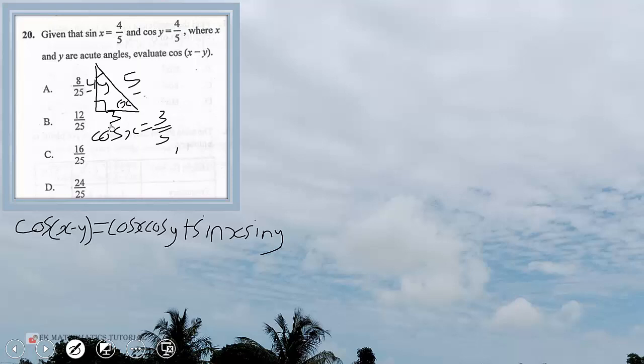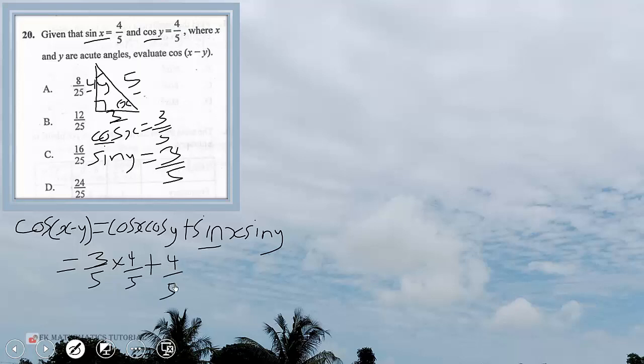So sine y will be equal to opposite over hypotenuse, which is 3 over 5. So we just substitute these values here. Cos x is 3 over 5, then cos y is 4 over 5, then sine x is 4 over 5 times sine y is 3 over 5.